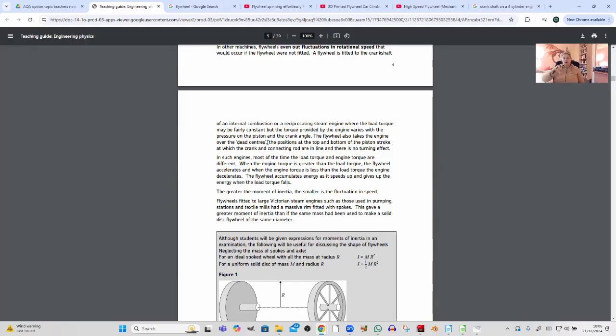So if you've got a position where, for example, the pedals of your bicycle are exactly up and down, right? You can jump on the pedals and it won't push it to the left or the right, will it? Because it's in a dead center, right? So all of the force is going exactly through the axis of rotation, which means that there's no torque.